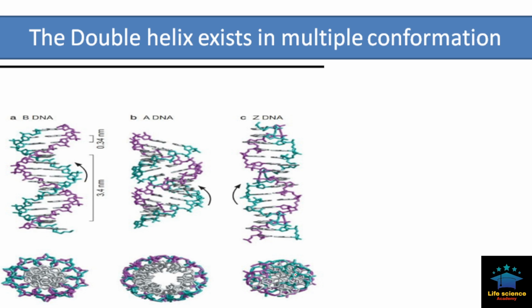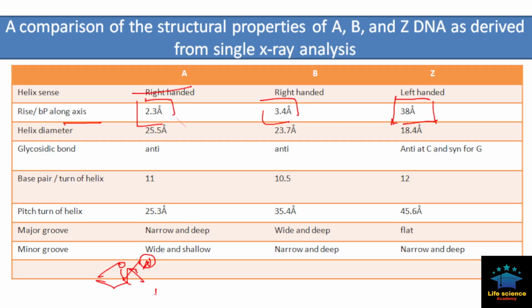And the glycosidic bond. Remember, where is the glycosidic bond? Sugar and nitrogenous bases are joined to form the glycosidic bond. So anti glycosidic bonds are formed in the A and B forms of DNA, and both anti and syn glycosidic forms are in the Z form of DNA.